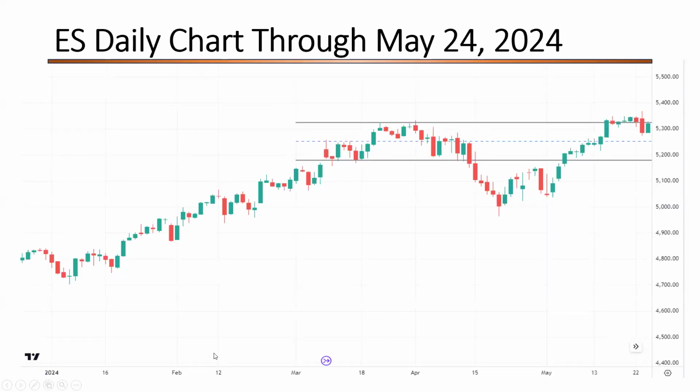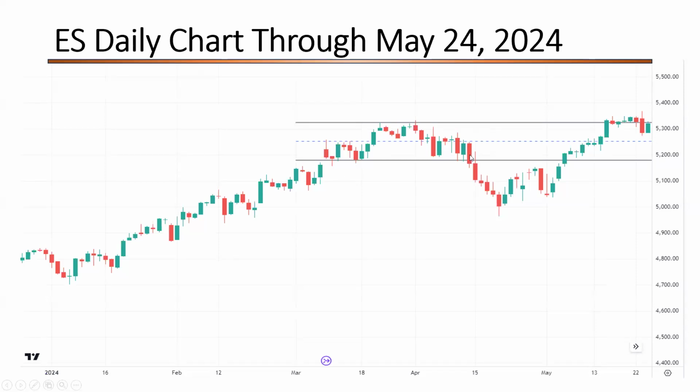Before we take a look at this week's activities, it's helpful to zoom out and take a look at the larger trend. This is the ES daily chart from the beginning of 2024. As you can see, the market has been in a clear uptrend, but from mid-March until about mid-April, the market fluctuated between 5160 area to 5300.